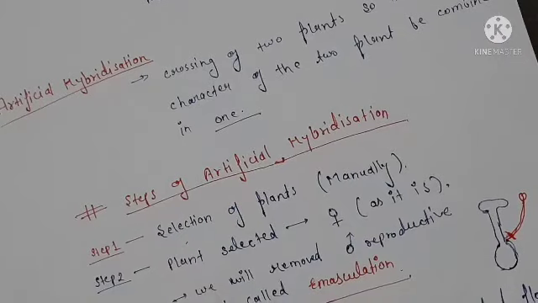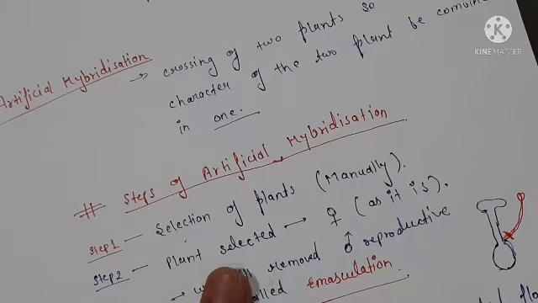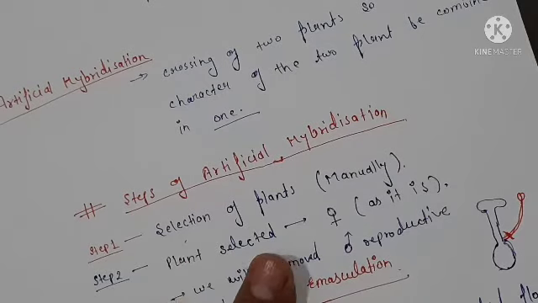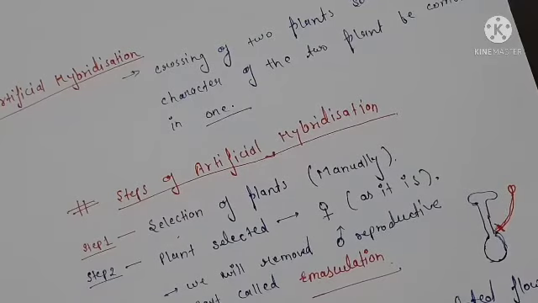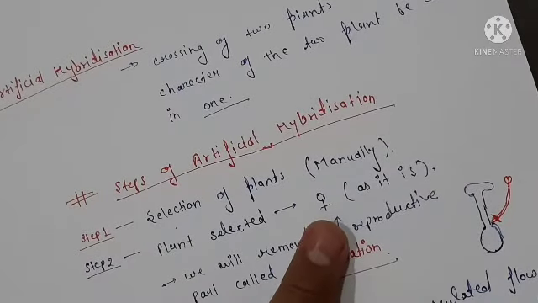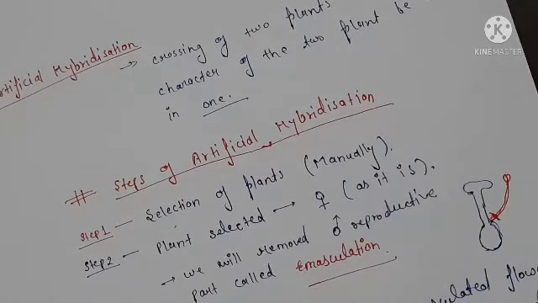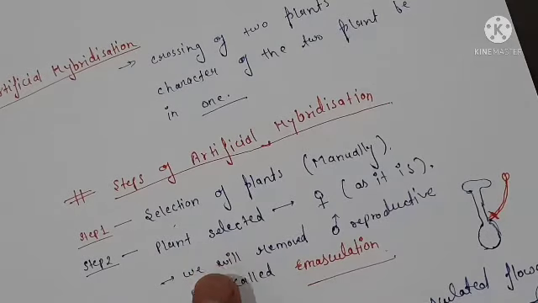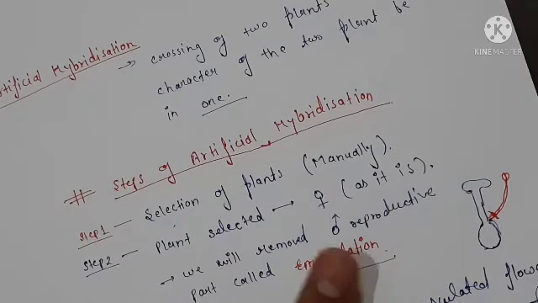In step second, we cannot do anything with the female reproductive part of a flower, that means the pistil: stigma, style, ovary. We cannot touch the stigma, style, ovary of a flower in the selected plant. What will we do in step second? In step second, friends, we will remove the male reproductive part.